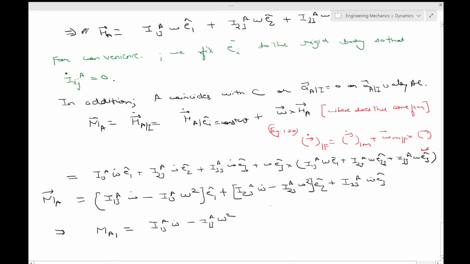Or I mean, you want to write this MAX as IXZA omega dot minus IYZ, this is 2, 3, sorry, 1, 3.